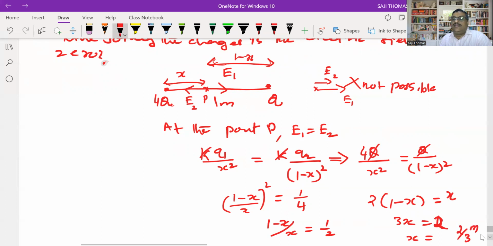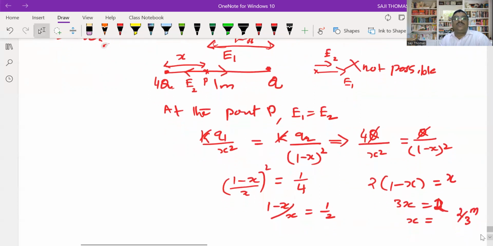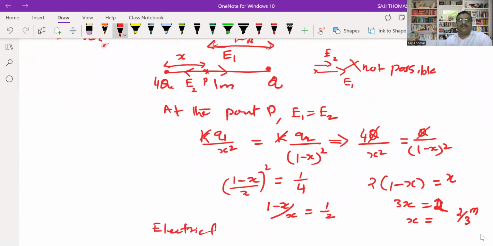So the electric field is 0 at a point 2 by 3 meter from 4Q.